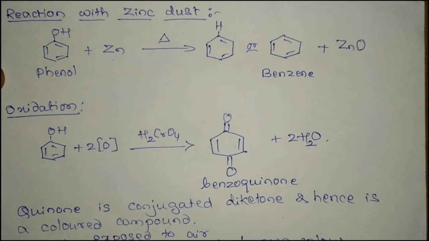Actually, phenol is colorless. If it is exposed to air, it undergoes aerial oxidation and forms benzoquinone that develops a brown color. This is the reason why phenol gets a brown color when it is exposed to air.